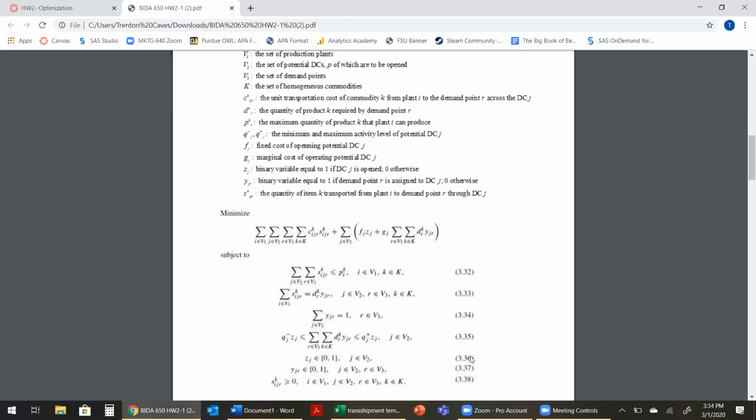So I think her thought process was, if you can explain 36, then 37 and 38 are similar. And 38 is the non-negativity, that the quantity shipped has to be greater than 0.